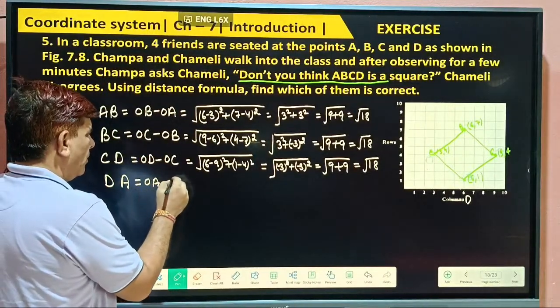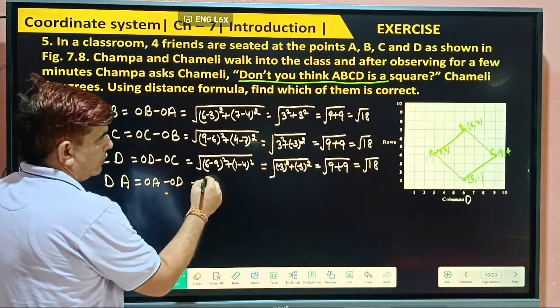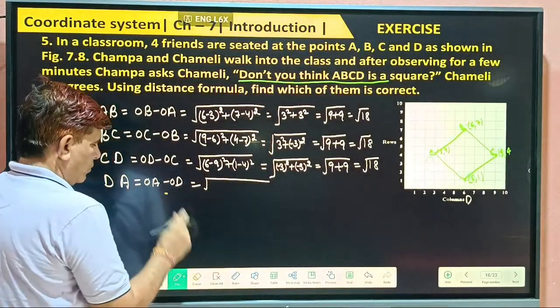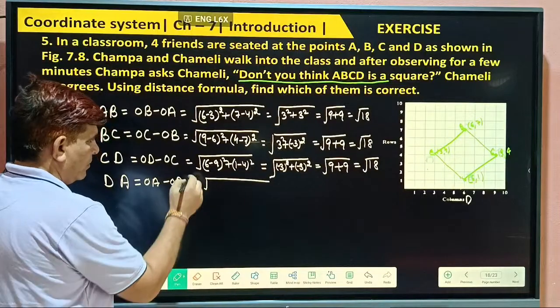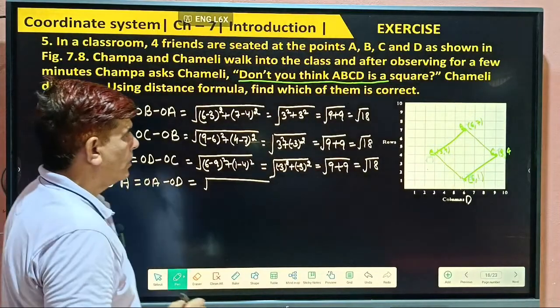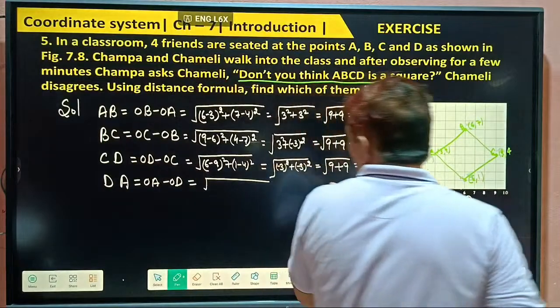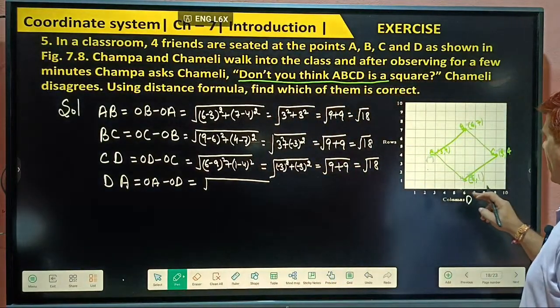So OA minus OD is equal to, D. OA. Where is A?